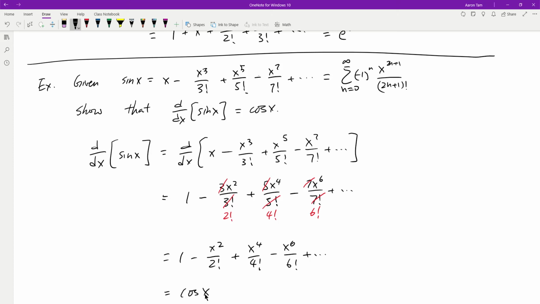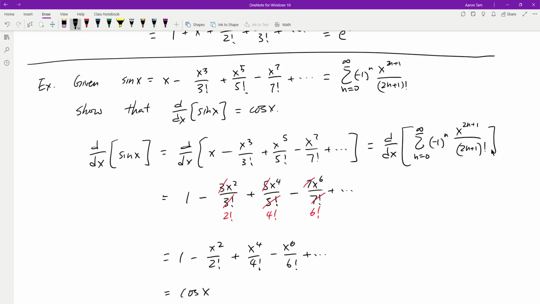Now, you could also look at it from the general term formula, so we can definitely give it a try. I'm basically taking the derivative with respect to x of the summation n from 0 to infinity, negative 1 to the n, x to the 2n plus 1 over 2n plus 1 factorial. It might be a little hard to deal with, but let's see if we can break it apart.